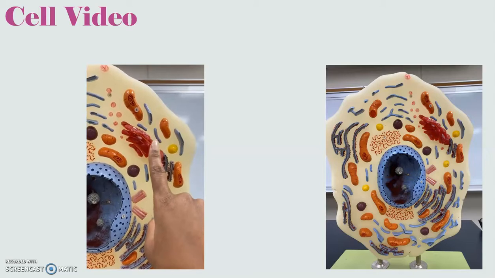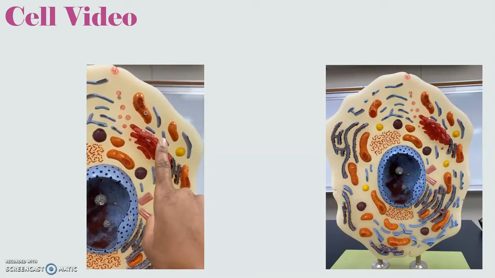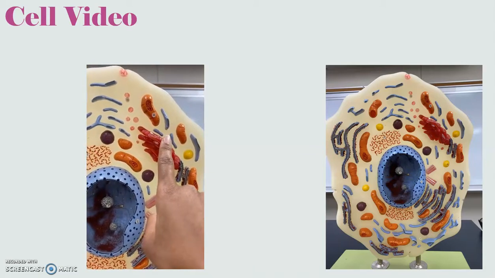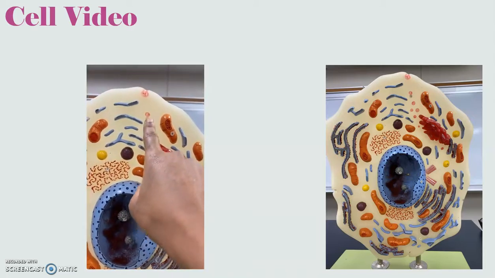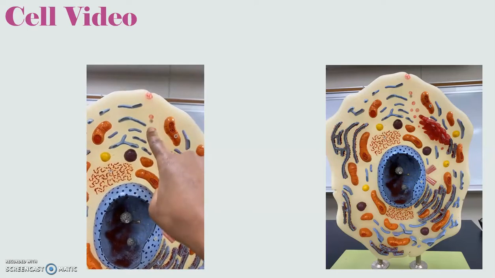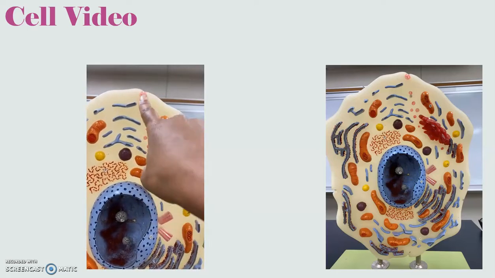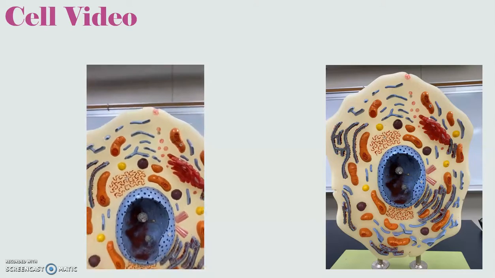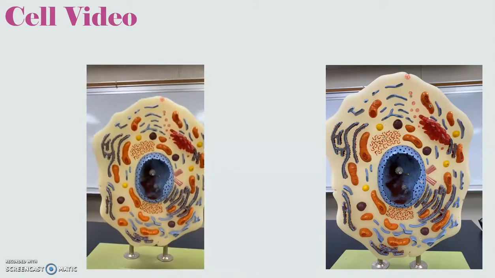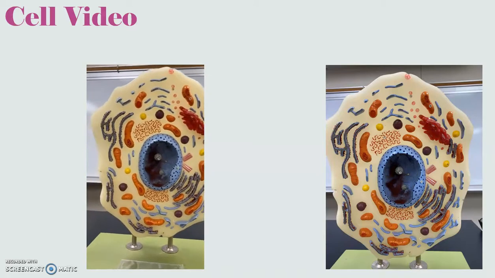They're going to modify those proteins as well, and then they're going to sort them, package them up, and then distribute them to other places within the cell. You can see that these are the little vesicles that those proteins will be housed in and sent other places in the cell or sent out of the cell to go and have a physiological response somewhere else, okay?